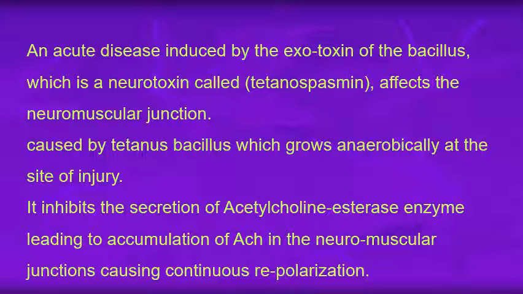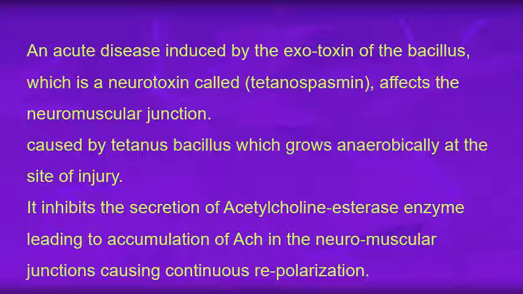It is an acute disease induced by the exotoxin of the bacillus, which is a neurotoxin called tetanospasmin that affects neuromuscular junctions. First of all, this is a gram-positive bacteria, and the gram-positive usually secretes exotoxin, while the gram-negative secretes endotoxin.